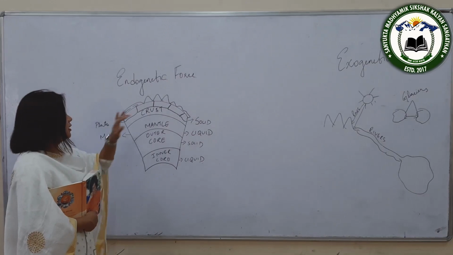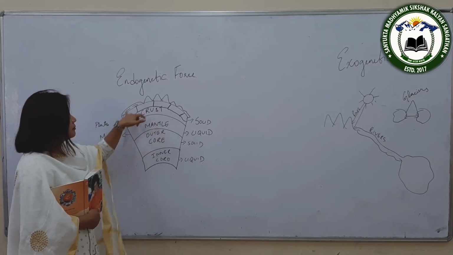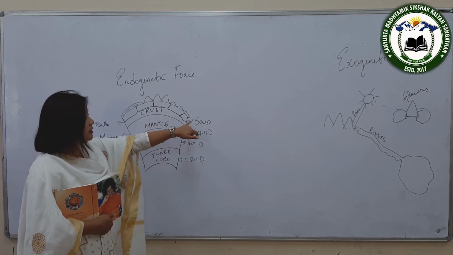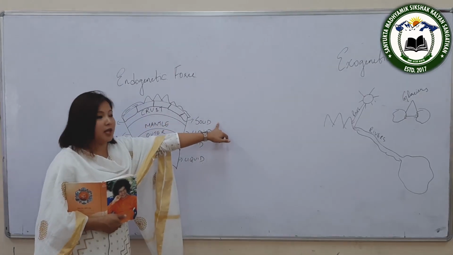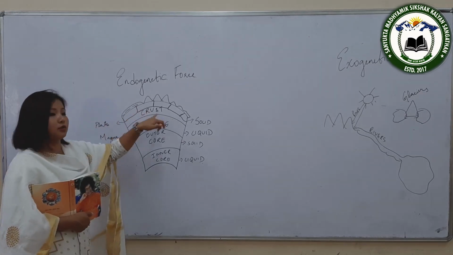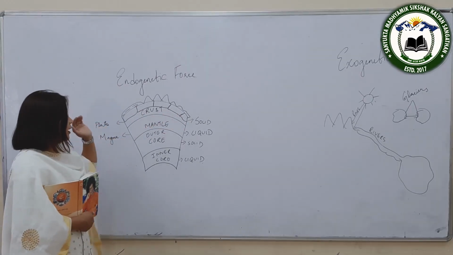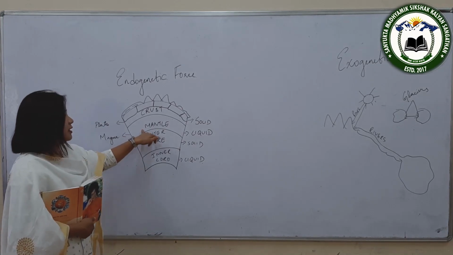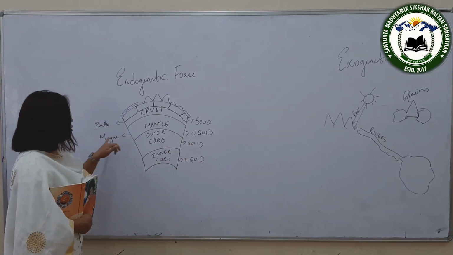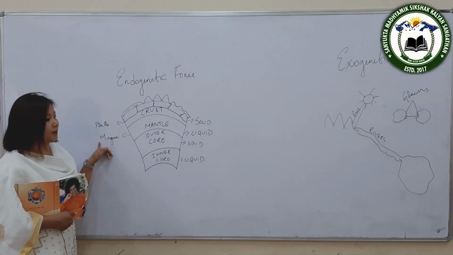For example, the crust is the uppermost part and it is solid in nature, composed of plates or huge rock blocks, whereas the mantle is in liquid form and consists of hot molten magma.